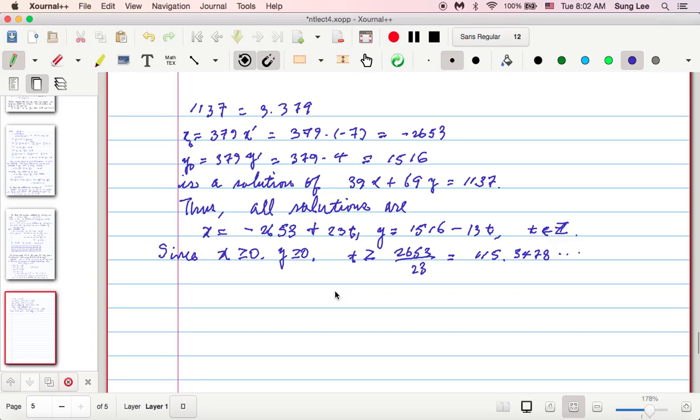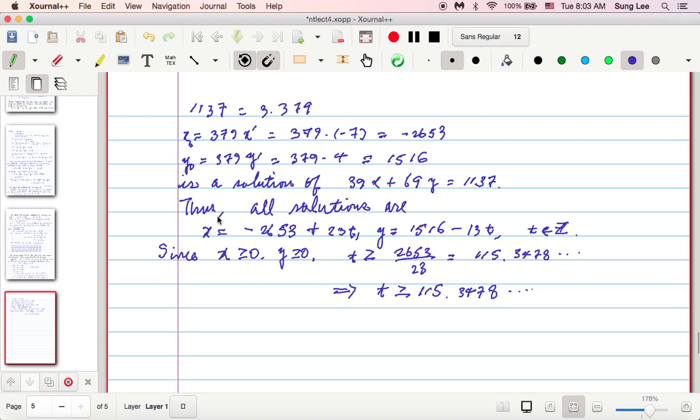So that means t is greater than or equal to 115.3478 and so on.